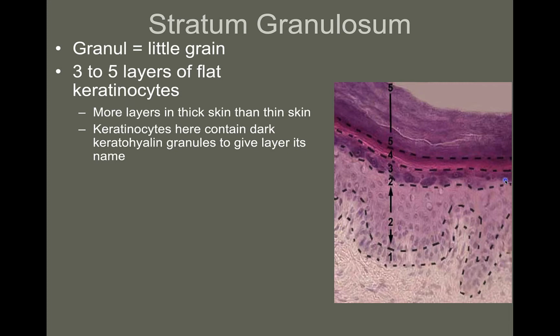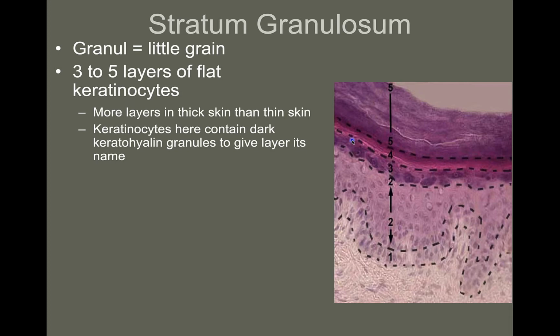And so here, the keratinocytes have dark keratohyalin granules, which is where the name comes from. And basically, this is the point where the cells are coating themselves in this protein. And as they do so, they're exocytosing these proteins out to their surface on their plasma membrane.